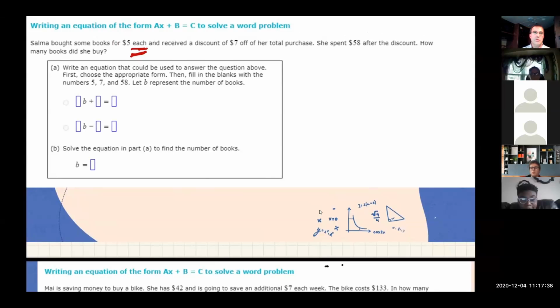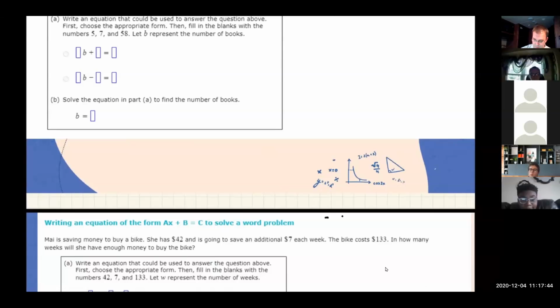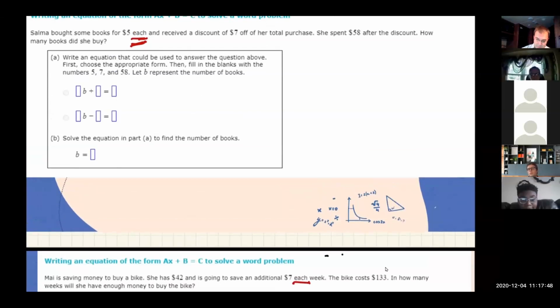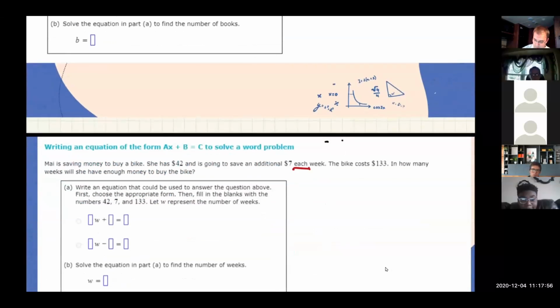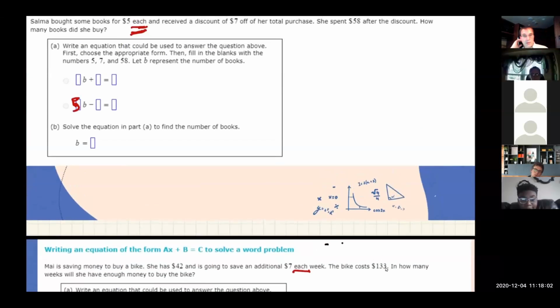So when we see each for both of those problems, right down here, it's $7 each. This problem, the first one, happened to be a subtraction problem. So that 5 that had each by it goes in front of the B. And down here, the 7, it was a plus problem, and the 7 goes in front of the W. If we didn't get anything else out of yesterday, that would be a good thing to know.